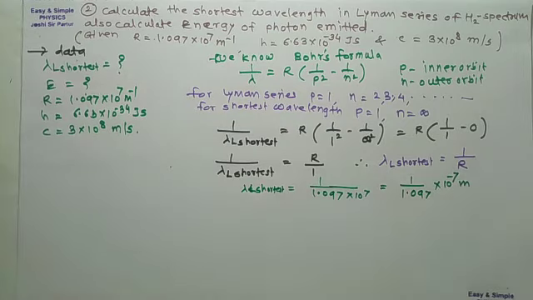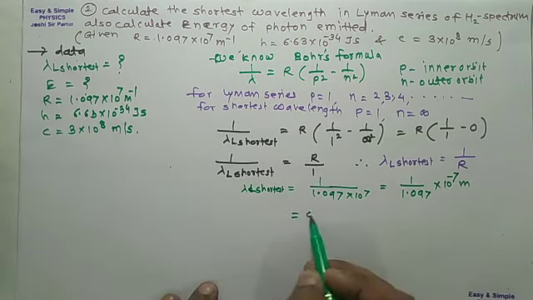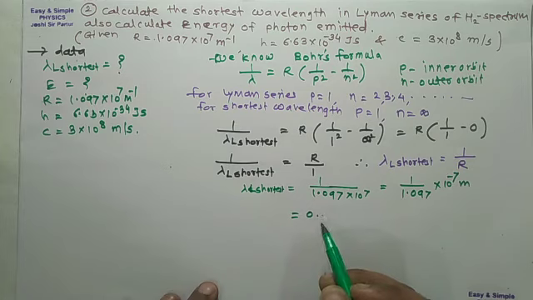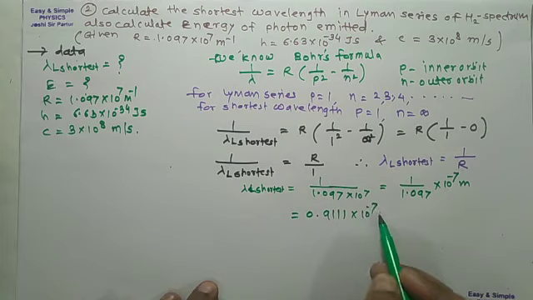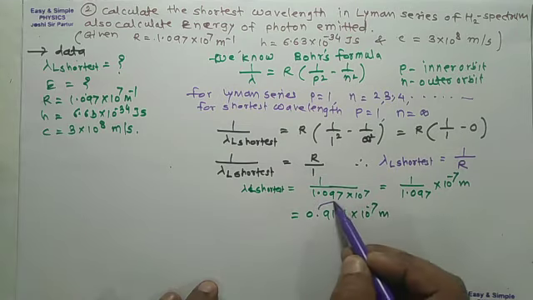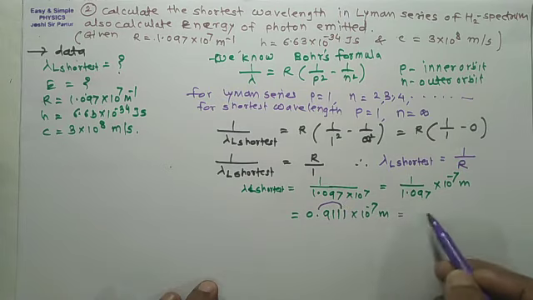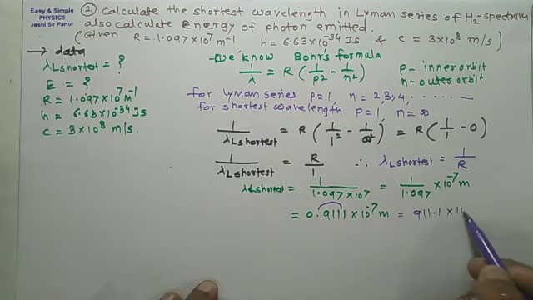By taking reciprocal of 4 figures, its reciprocal will be 0.9111 into 10 to the power minus 7 meter. If we shift the decimal point after 3 digits, it can be written as 911.1 into 10 to the power minus 10 meter.